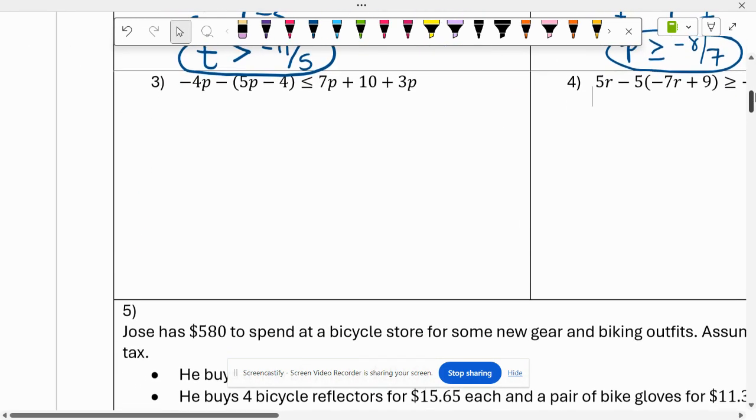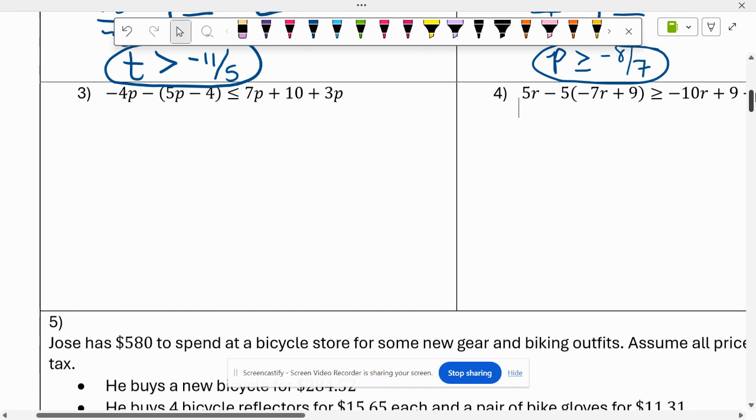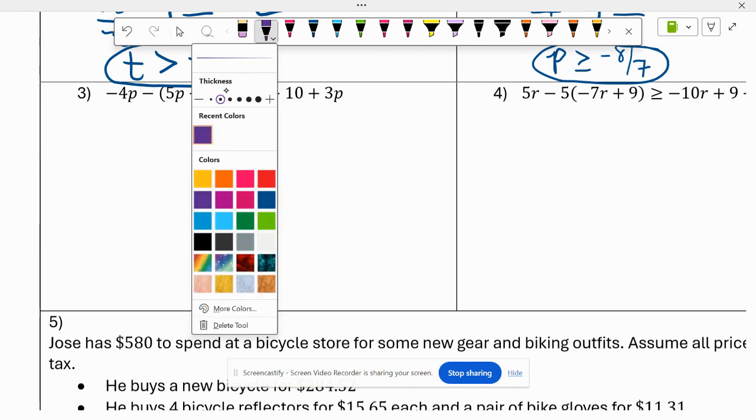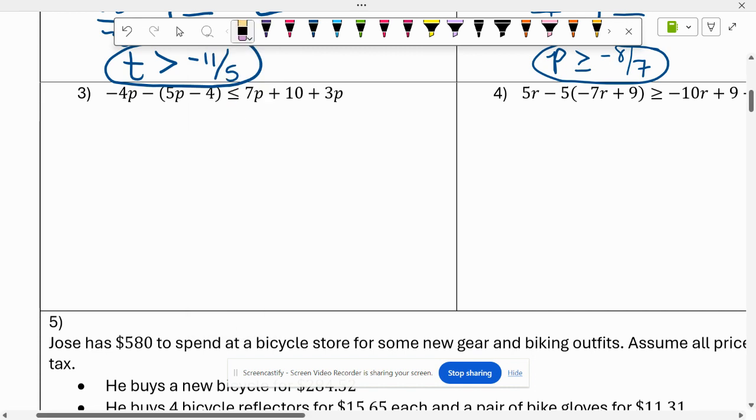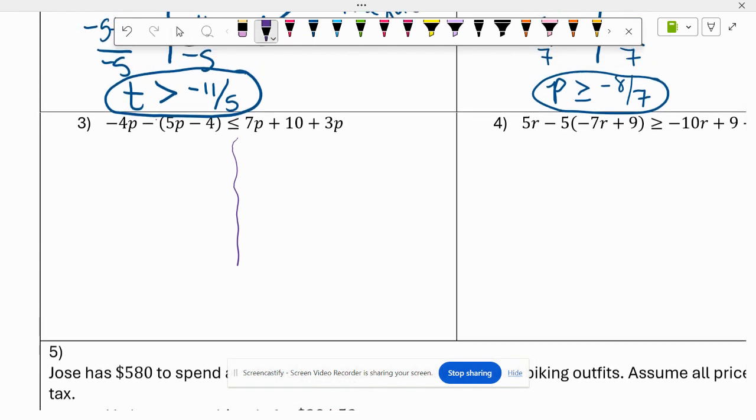All right, so now we're getting a little bit harder. Now we're getting a little bit more challenging, right? So what am I going to do first? Tayana, what do you want to do first? Yeah, this negative sign is like a negative 1. So I'm going to distribute that.